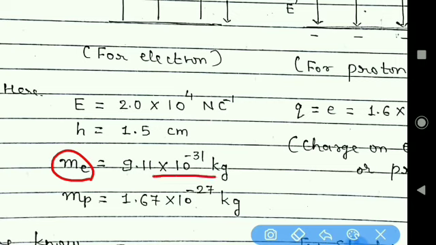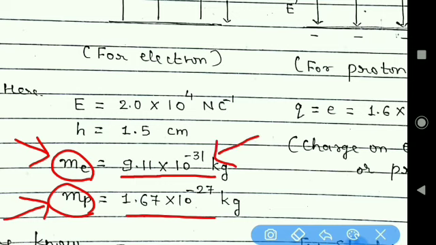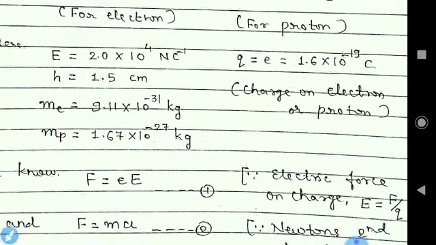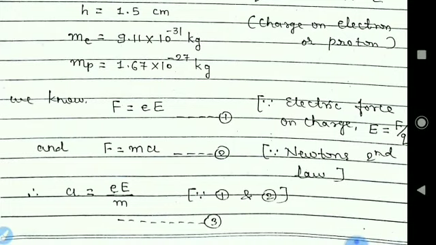The mass of electron is very less compared to the mass of proton, and so the acceleration of electron will be much more compared to that of proton, and so time taken by electron to cover this much distance of 1.5 centimeter will be less, and the time taken by the proton to cover the same distance will be more. So now let us start the example.